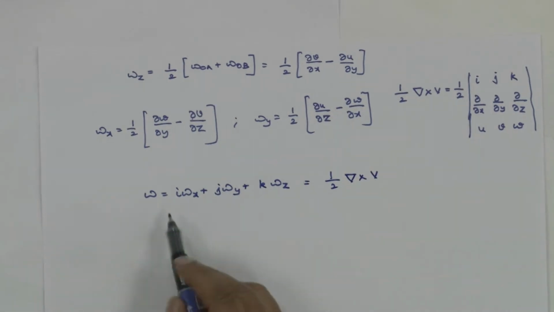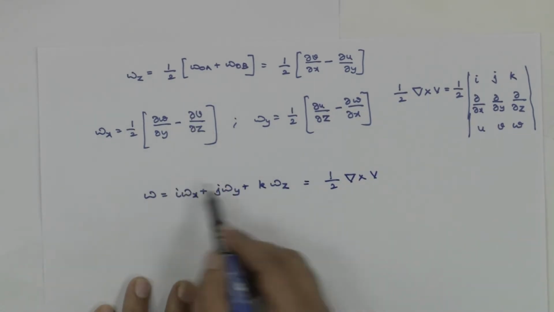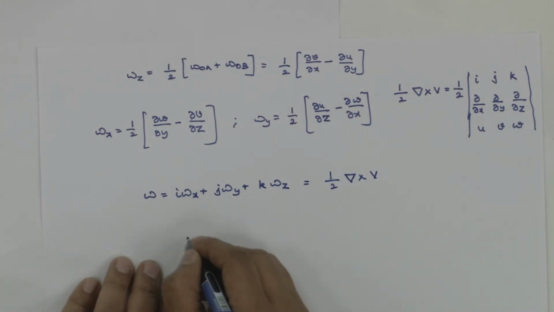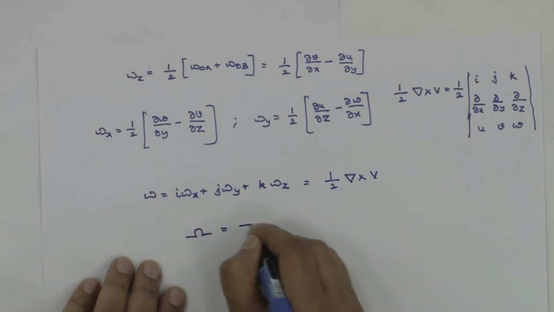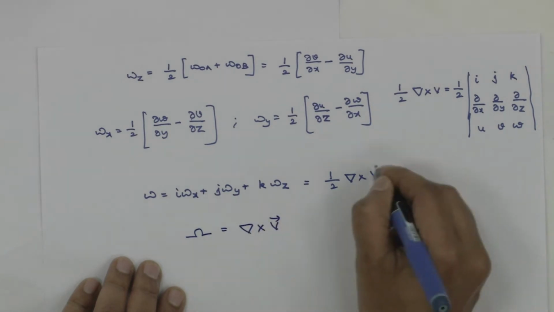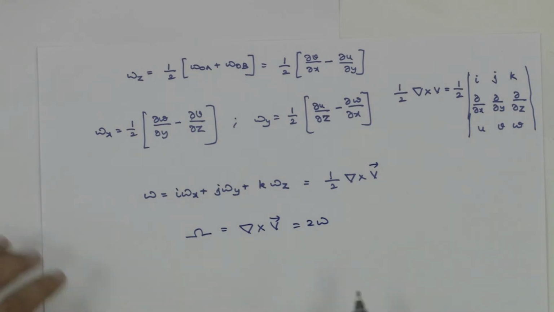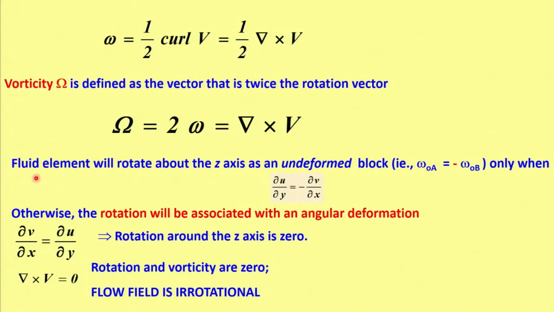So rotation, vorticity. I have to introduce what is called vorticity. Vorticity is equal to del cross V, which is equal to 2 omega. So that means the fluid element will rotate about the z-axis as an undeformed block only when omega OA is equal to minus omega OB.